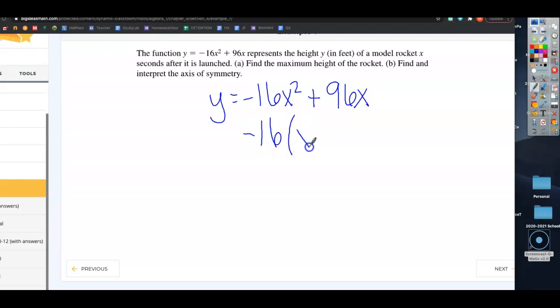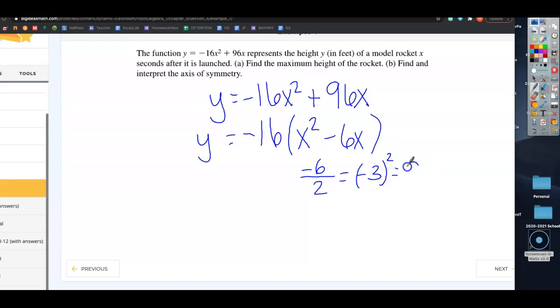We'd be left with x squared plus, what is it? Sorry, I pulled out a negative though, so it'll become negative 6x, right? And then we will complete the square. So I use b, which is 6. Negative 6 over 2, which equals negative 3, and then I'll square that, which equals 9.